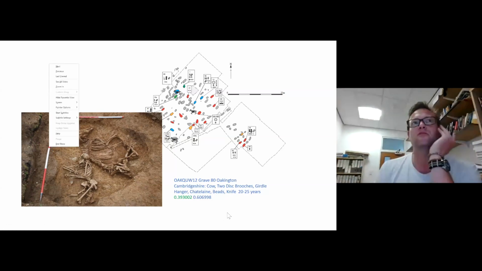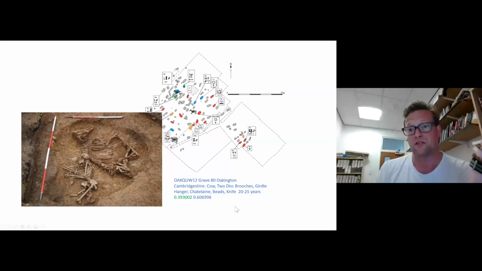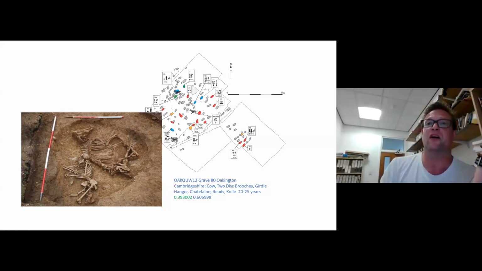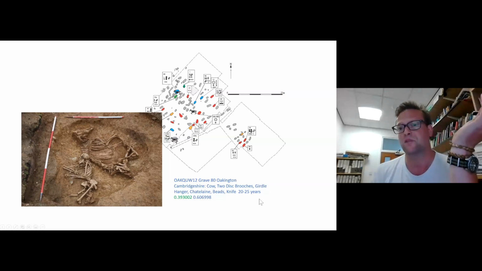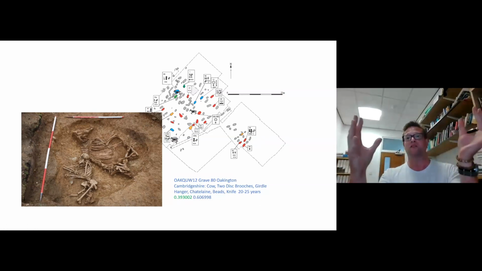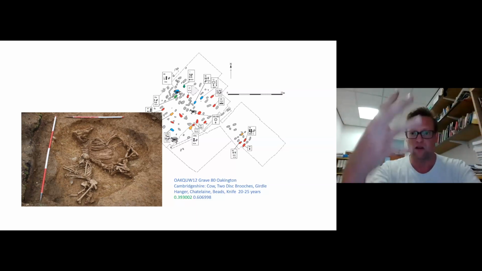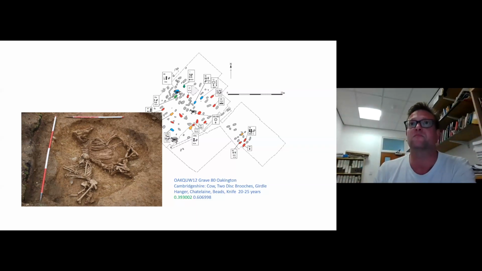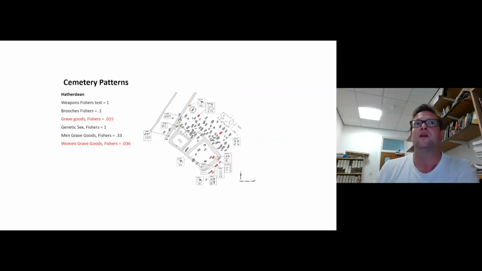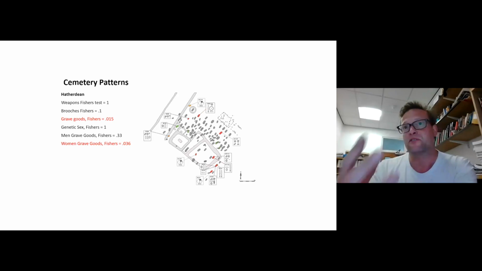She was about 40% continental Northern European, which means she's 60% Western British Irish. She's a hybrid, but her genetics indicate much more of her ancestry is local. We can look at cemetery patterns.